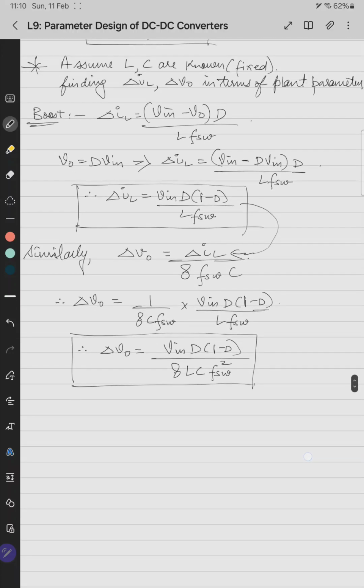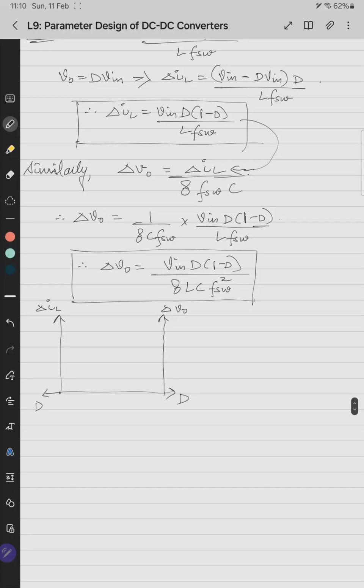So now let's plot. Say that we have two y-axes, delta IL and delta V naught, and a common x-axis, that is D. Here D is 0, here D is 1, and 0.5 in the middle, here 0.75, and here 0.25.